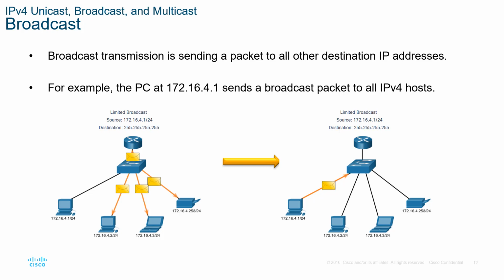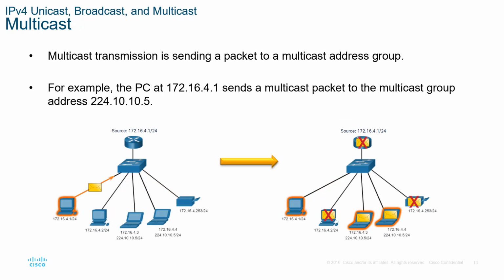Basically, the switch will receive a broadcast and forward it out all ports except the receiving port. A multicast is going to be one source to a group of destinations. Not all destinations, but just a select group. The group could be all laptops, all Dell computers, all HP servers, all routers running a specific protocol. That is what multicast does, one to a group.